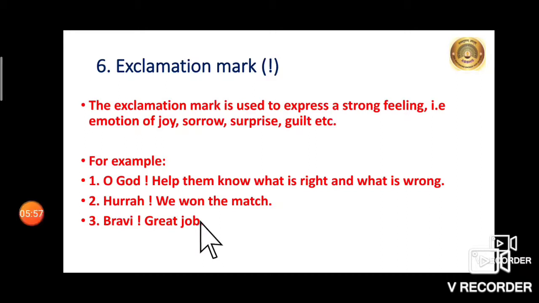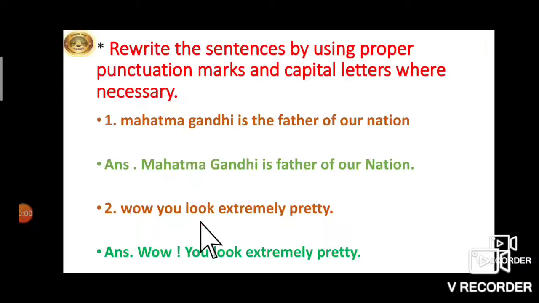So students, I hope you have understood all the jobs of the punctuation, the 6 things, and you have understood the work done by them. Let's solve a short exercise, that is rewrite the sentences by using proper punctuation marks and capital letters where necessary.